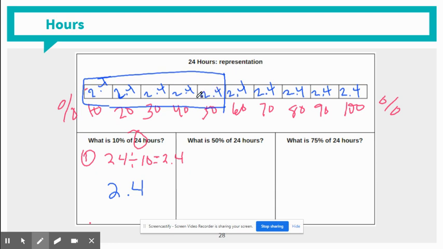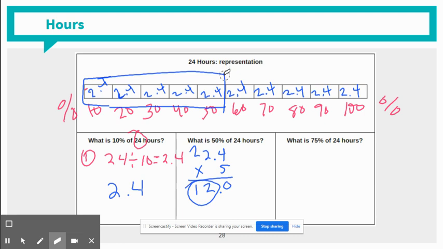So real quickly, I'm just going to do the multiplication. 2.4, and there's 5 of them. Or you could add them up, whatever is easiest for you. All right, I get 12.0, which we would just say is 12. So 50% of 24 hours is 12.